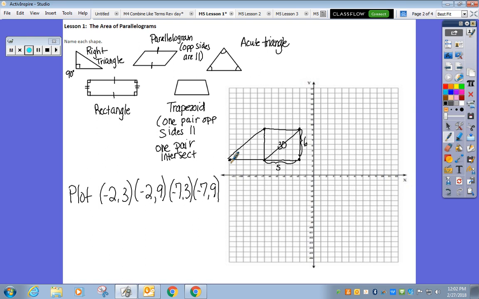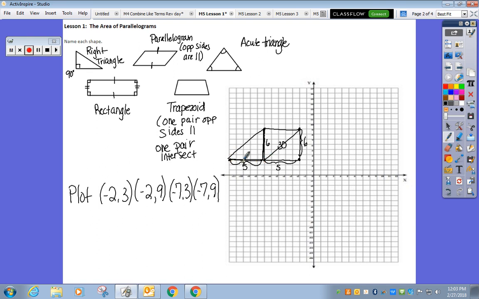I'm not changing the area of my problem. So this is 5, and then I'm using this line, or 6, to get my 30. So what I'm actually doing for a parallelogram is I'm doing what's called the base times the height of the parallelogram.